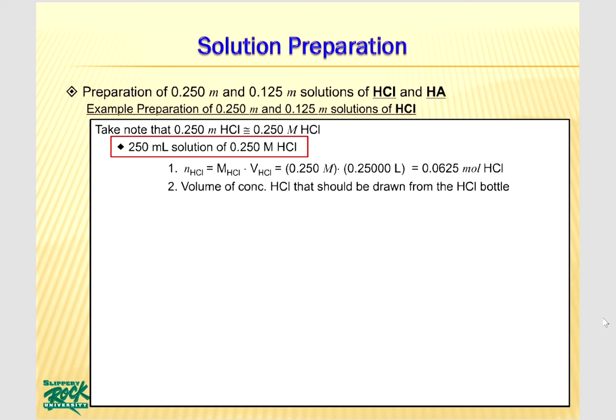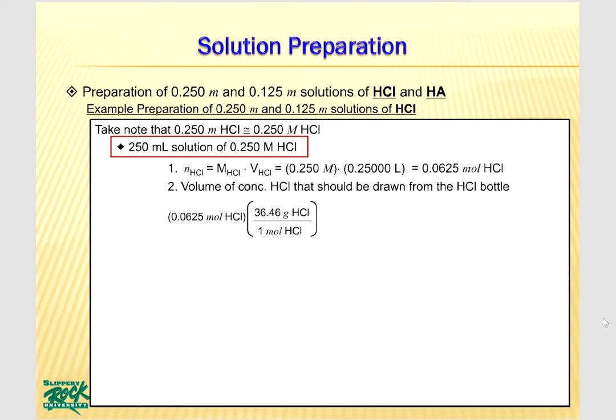The volume of the concentrated HCl to be drawn from a bottle equals 0.0625 moles of HCl times 36.46 grams per 1 mole of HCl. This conversion factor is taken from the molar mass of HCl.